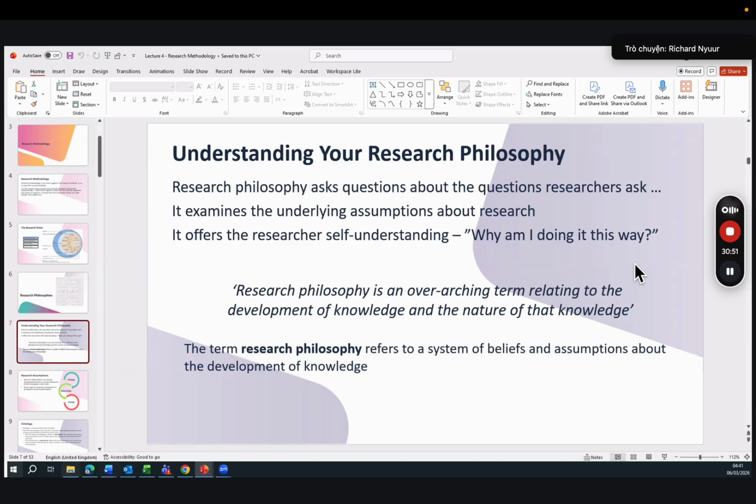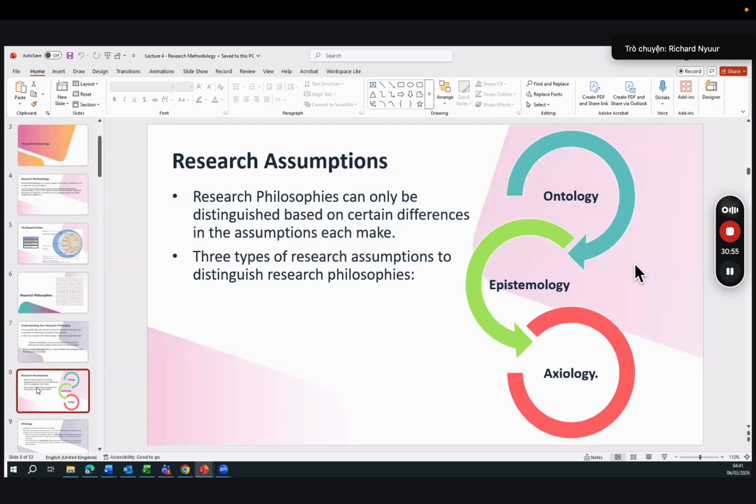And so there are various assumptions that guide the explanation or determination of what knowledge is and how valid or valuable that knowledge is.